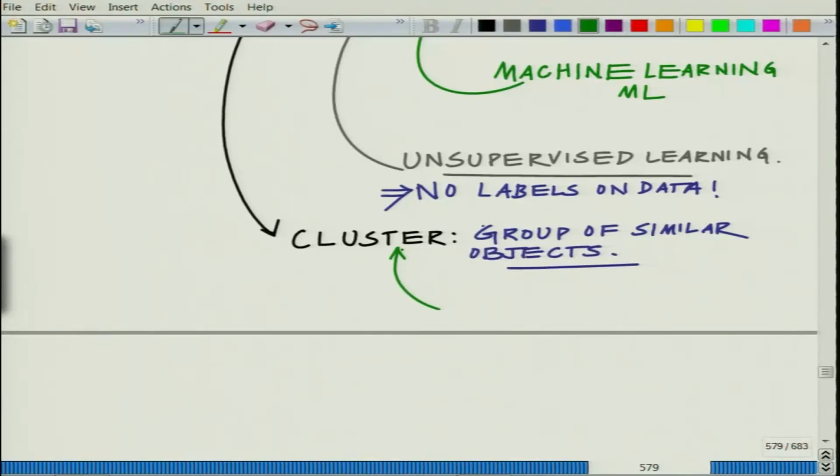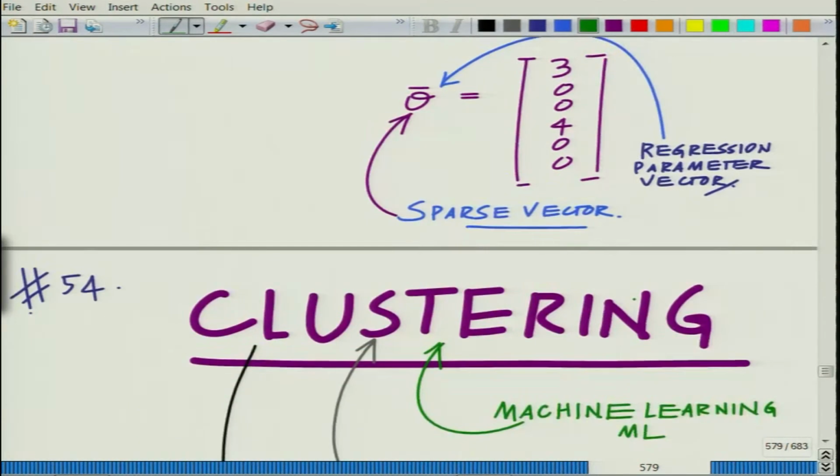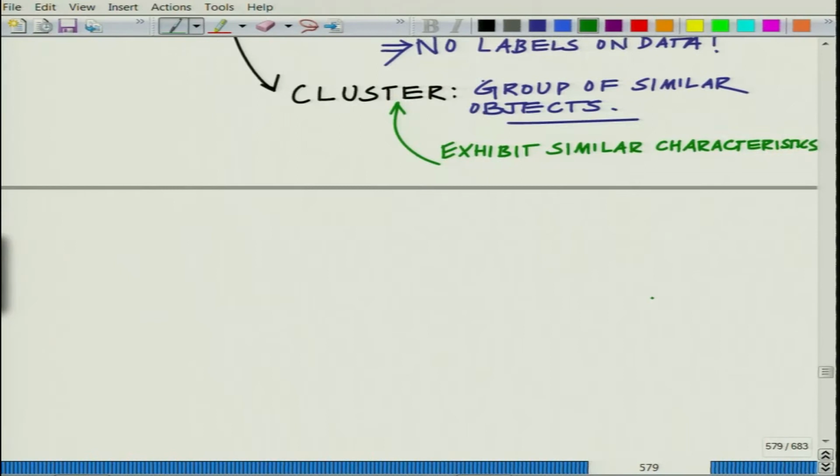That is the intention, a cluster is a tightly knit group exhibiting some similar characteristic features, right. So, that is the important aspect here. These exhibit similar characteristics.